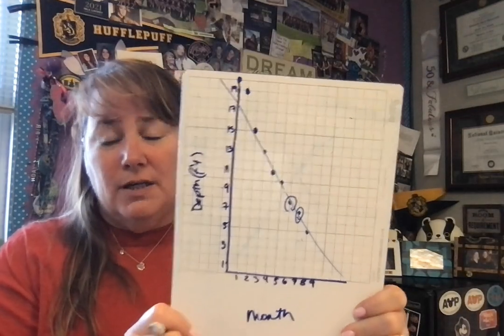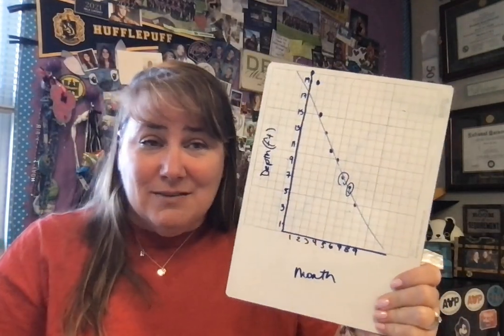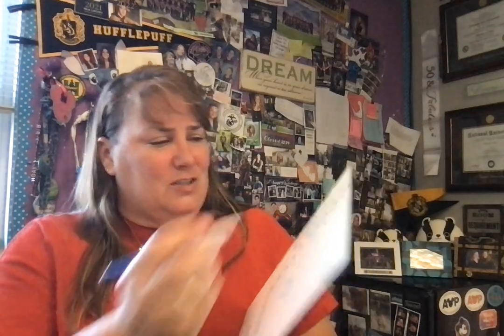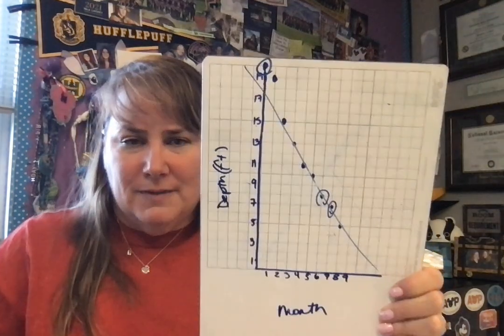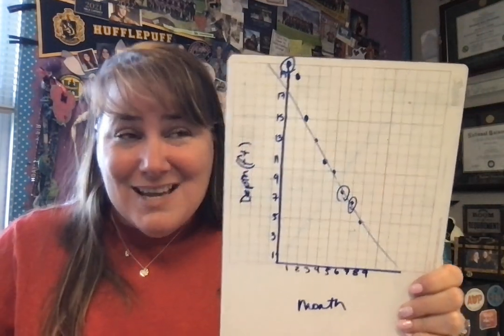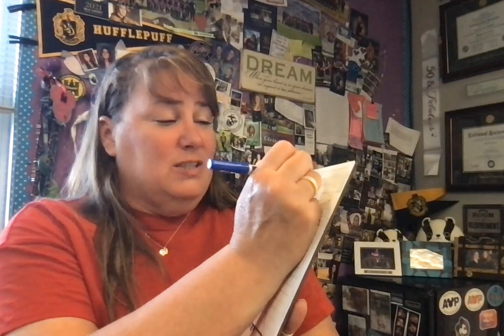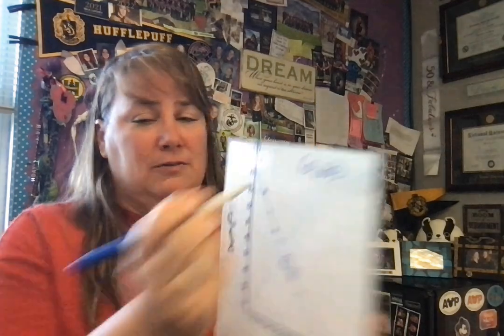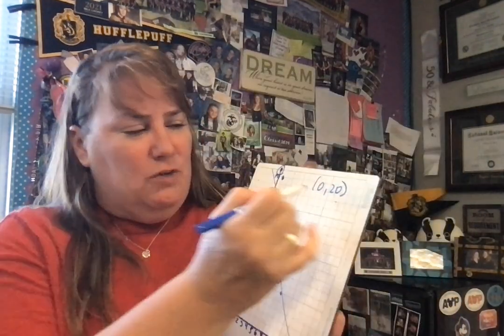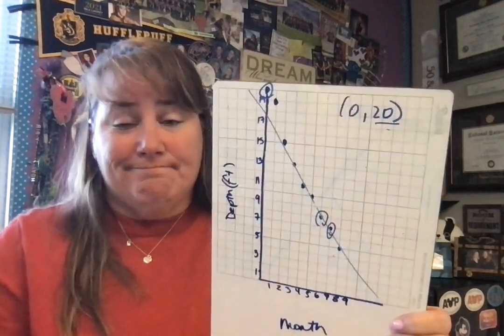Here's your graph. Do you have a point on the y-axis? It's right here. Is there a point in the table where x is 0? It looks like this. So you've now identified B. B is going to be 0.